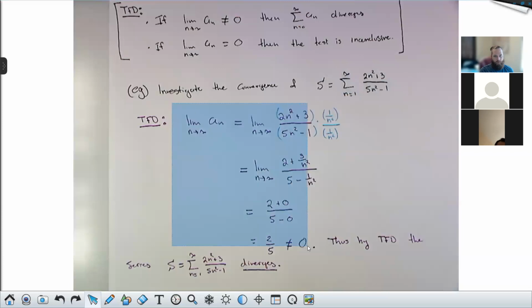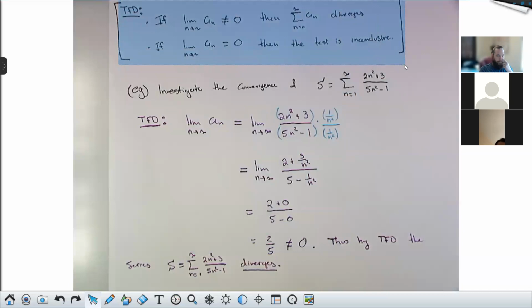Nowhere in here do I have the definition of convergence for an infinite series or any partial sums or any series at all. What I'm doing is using this theorem called the test for divergence to tell me something about the series. And you gotta connect your logic together. Computer programming people will understand this.